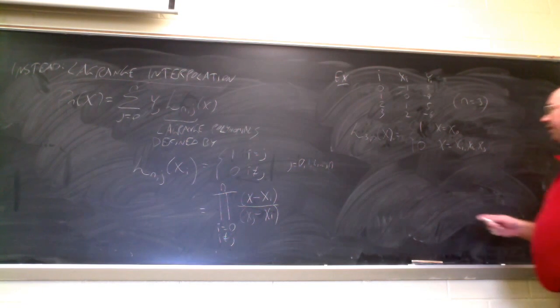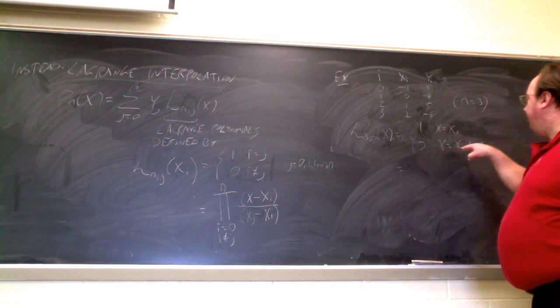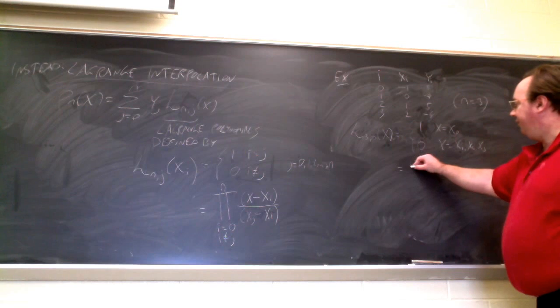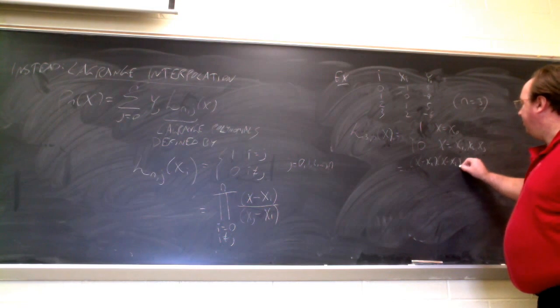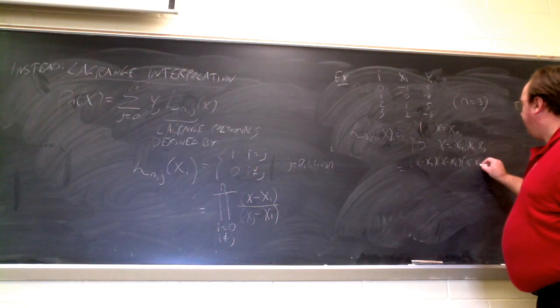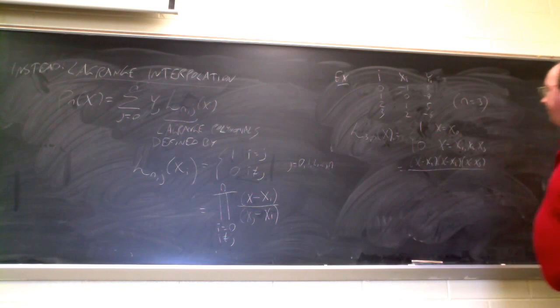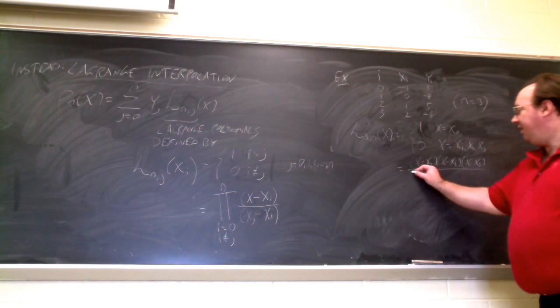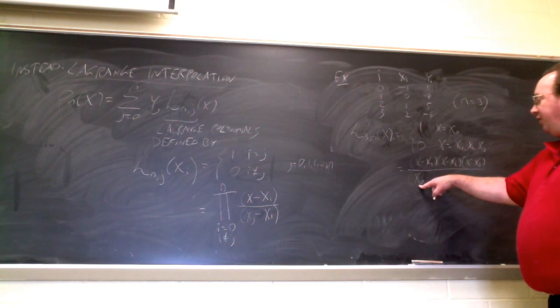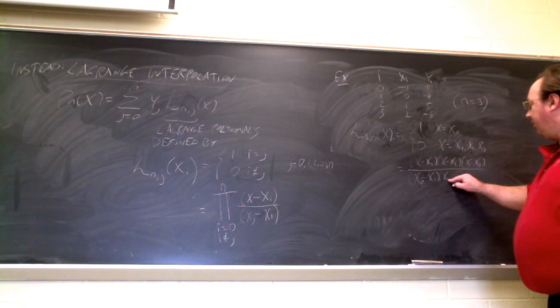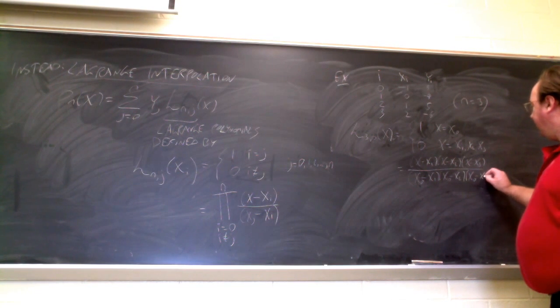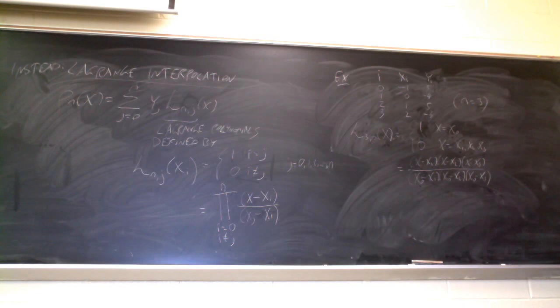So these are the roots. x minus x1, x minus x2, x minus x3. And then I can divide by the point where I want it to be equal to 1, x0 minus x1, x0 minus x2, x0 minus x3.